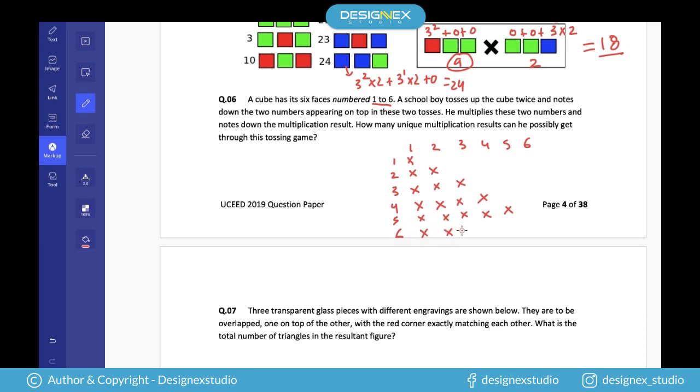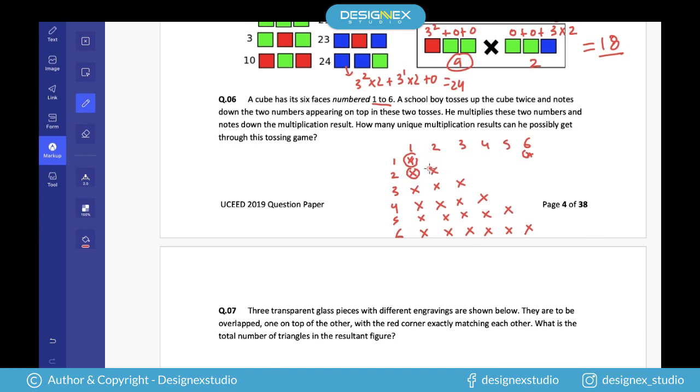Then 6 into 1, this one I'm not marking. So here you get an array of this multiplication. But even in this multiplication, you're also getting repeated numbers. So the repeated numbers here would be, 1 into 1 is there, that is unique. 1 into 2 is there, that is unique.